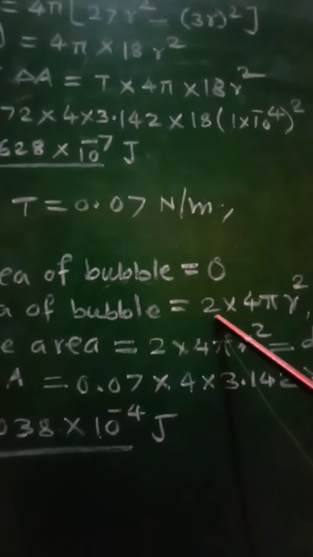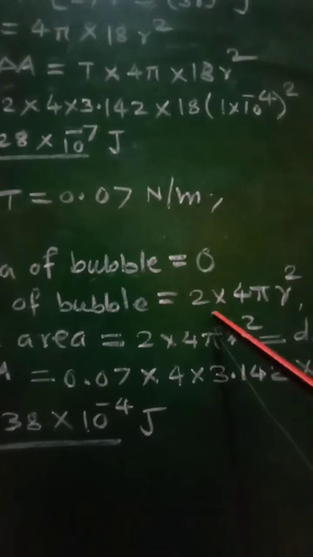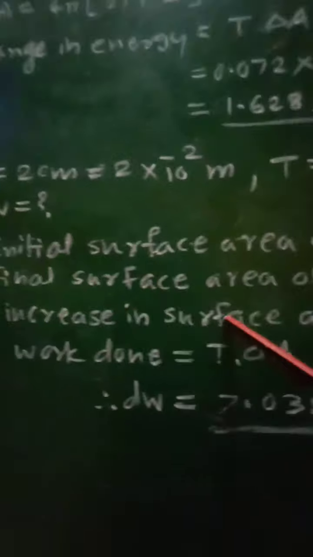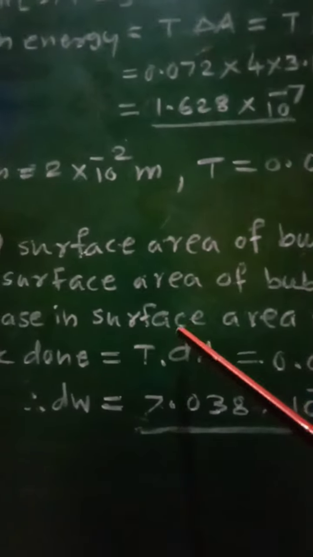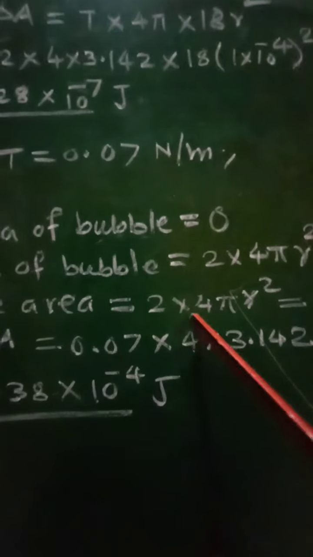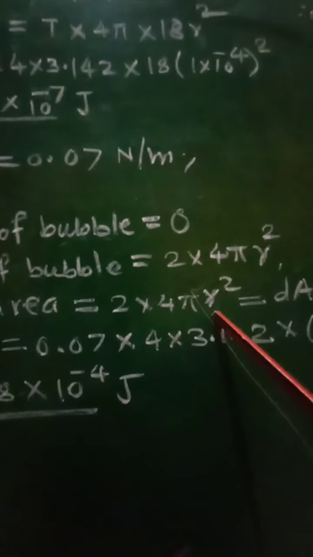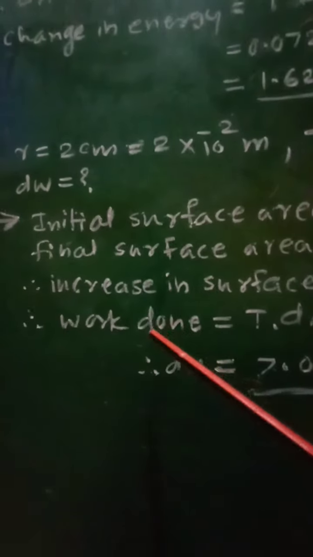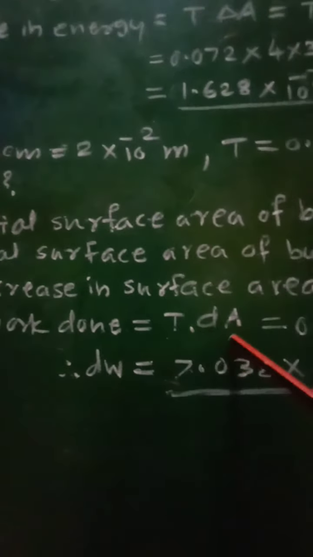Therefore final surface area will be 2 into 4 pi r square. Therefore increase in surface area of that bubble will be equal to 2 into 4 pi r square, that is taken as dA, and therefore work done will be equal to T into dA.